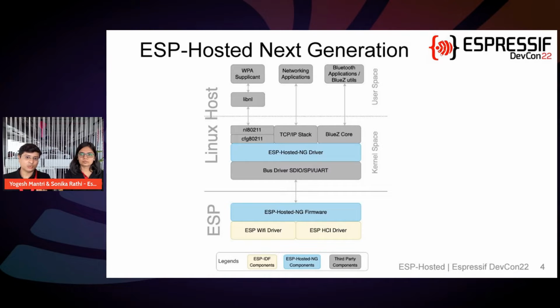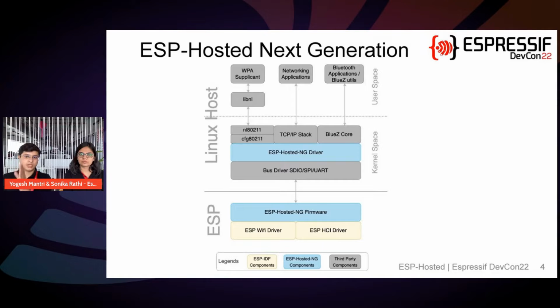So now your ESP star 0, which we had got up, whenever you're transferring, it will go through that network interface, end up in the ESP hosted ng driver, and the path remains same. It will follow through till Wi-Fi driver. It will go to the Wi-Fi, and back and forth the data transfer happens. So you could understand, I just wanted to highlight the WPS applicant leg is for the controlling of the Wi-Fi. The networking application is the data path, what we are talking about.